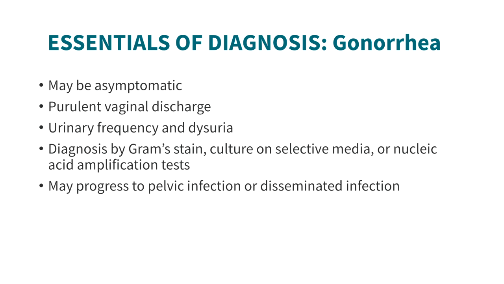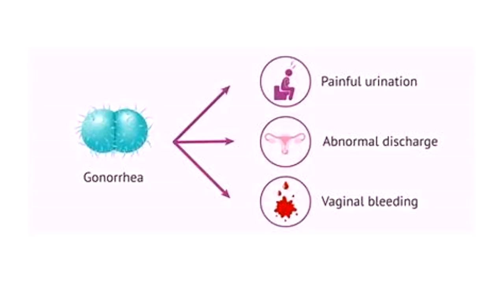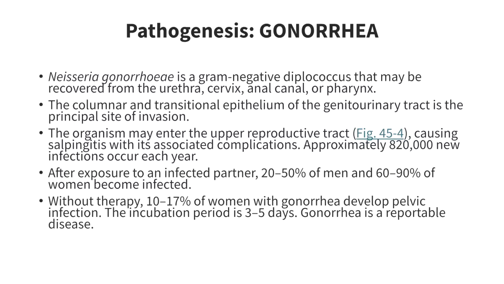Diagnosis is usually done by smear exam and a Gram stain. Also, we can do some nucleic acid amplification. If the infection is not treated, it's going to progress into a pelvic infection or septicemia. Main symptoms are going to be painful urination or dysuria, abnormal discharge, sometimes vaginal bleeding.